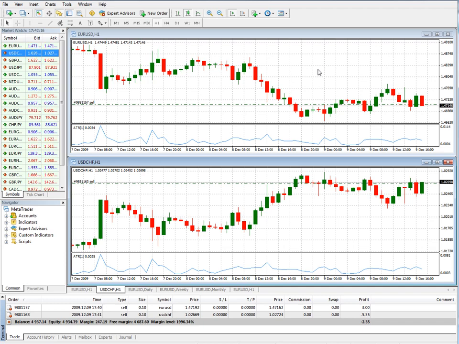Now we know that there is no currency pair known as the euro dollar, US dollar, US dollar, Swiss franc. It wouldn't be a pair, it'd be a quad. But that is what we actually have trading here. Basically this price movement here is the price movement of our synthetic security.